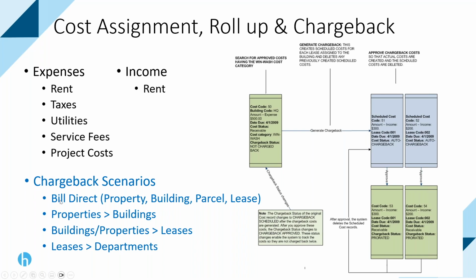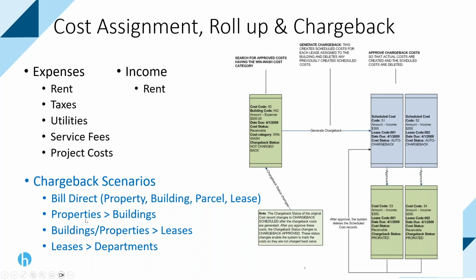And there's actually about 4 different chargeback scenarios that I'm showing here on my screen. One is there's actually no chargeback, meaning that you just bill the asset, whatever it is that the expense is. So let's say that building is just going to eat that expense. You'll bill the cost of that expense to the building, and that's it. But if you are going to use the chargeback, then there are 3 different scenarios for that.